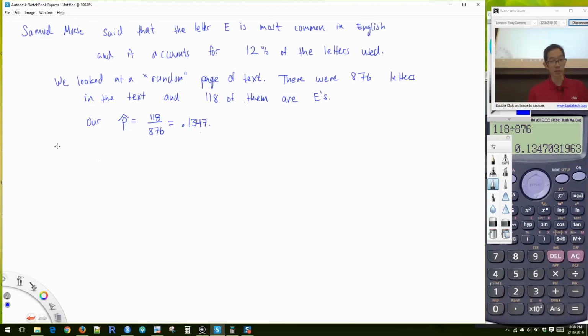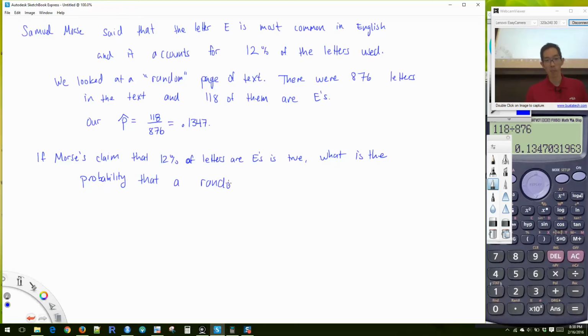Okay, we'll say if Morse's claim that 12% of letters are E's is true, what is the probability that a random sample of 876 letters ends up with 0.1347 or more E's?